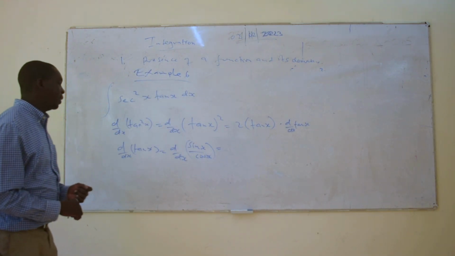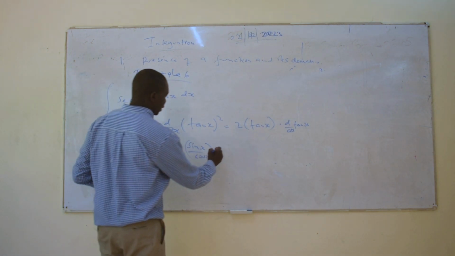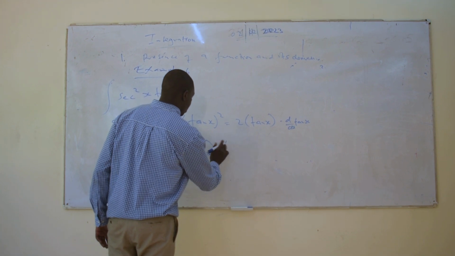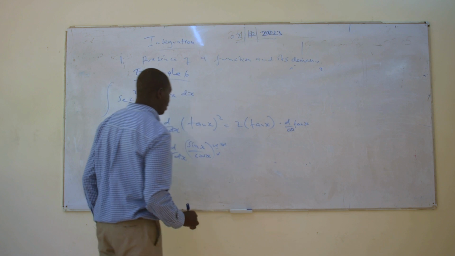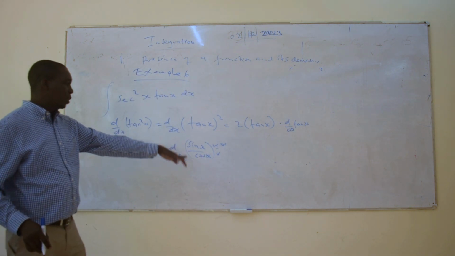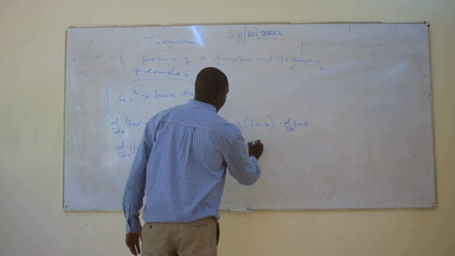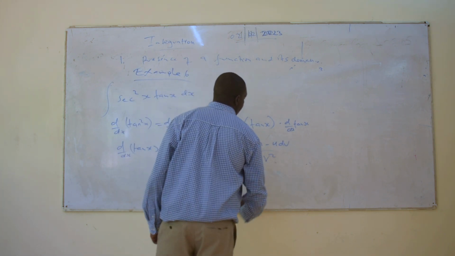If you employ the technique of quotient rule of differentiation, let sin x be u and cos x be v, then we will have v du minus u dv over v squared.